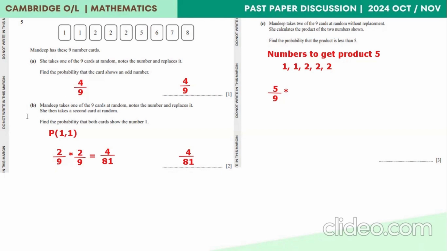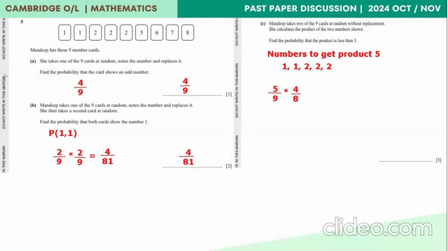So in the second instance, from five of these numbers, 1 card would have been gone, either 2 or 1. Then the number of numbers that's going to give us the product 5 will be reduced by 1. So our numerator will become 4 and our total will become 8. So I hope that's clear.